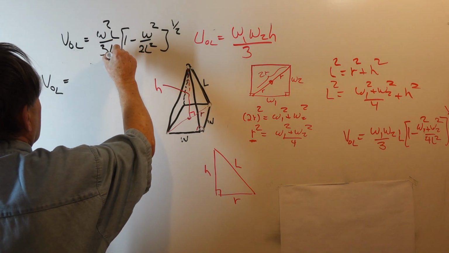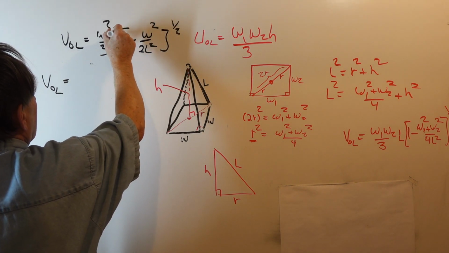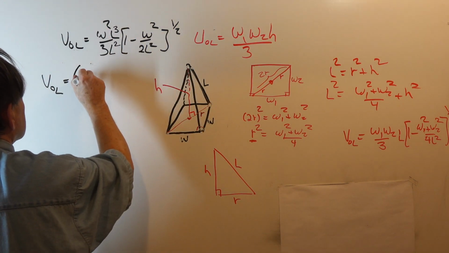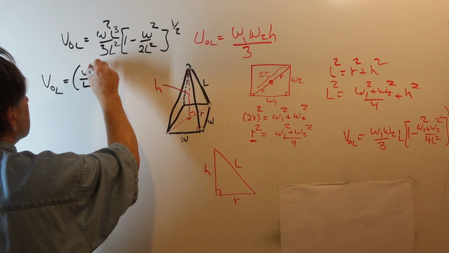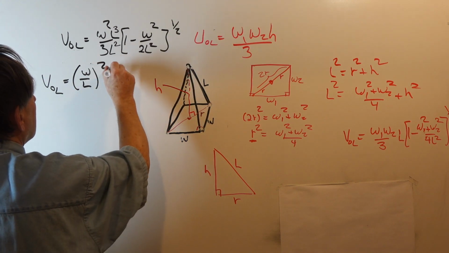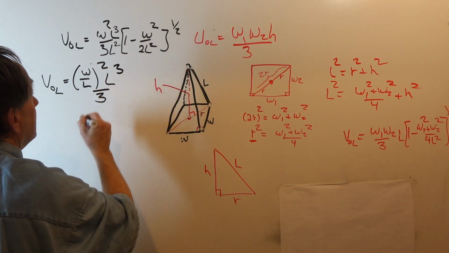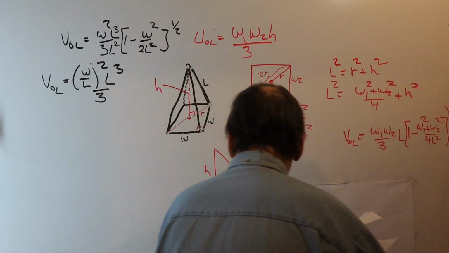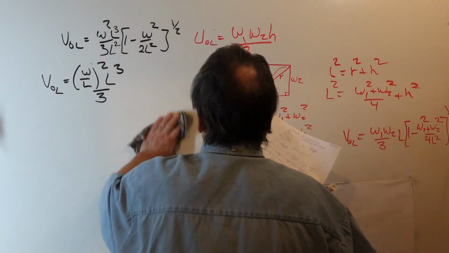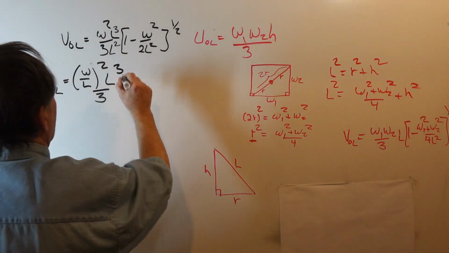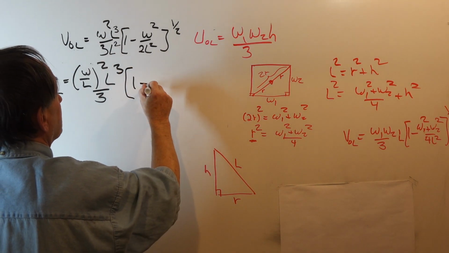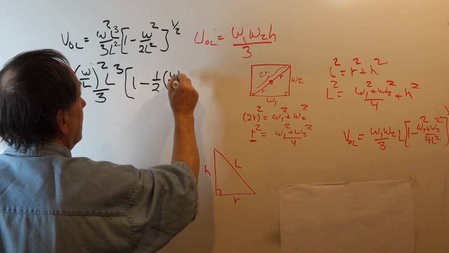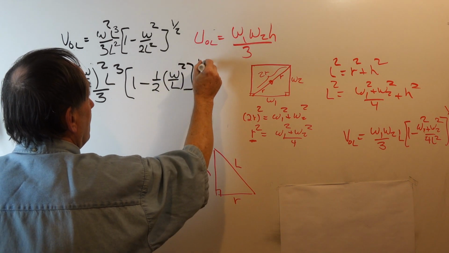So I'll have L squared, L cubed, and then I can group this as W over L squared, L cubed over 3, and that's times 1 minus 1/2 W over L squared to the 1/2.